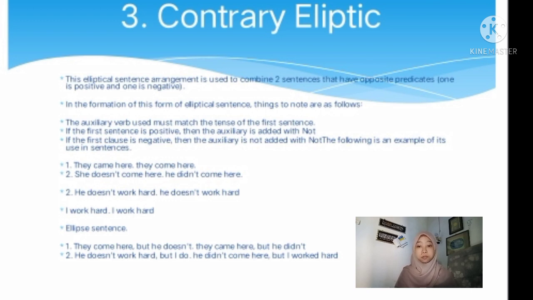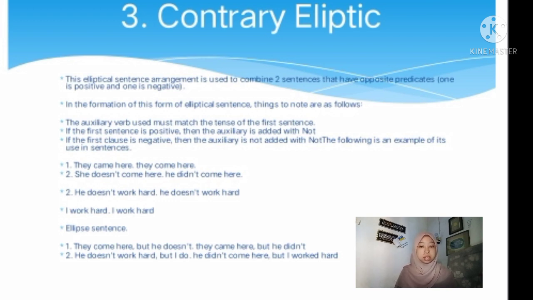The auxiliary verb used must match the tense of the first sentence. If the first sentence is positive, then the auxiliary is added with not. If the first clause is negative, then the auxiliary is not added with not. The following is an example of its use in a sentence.